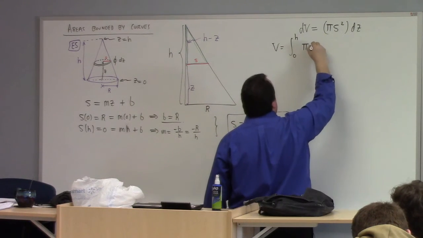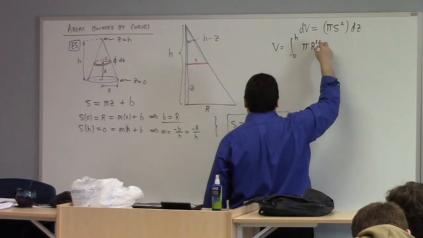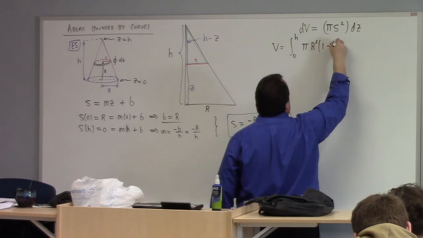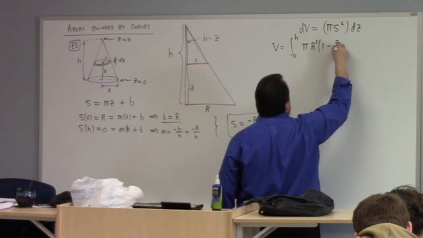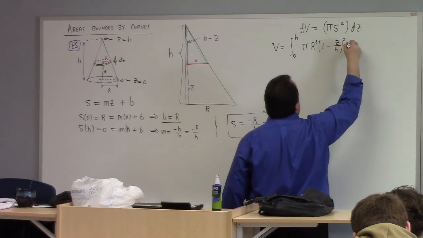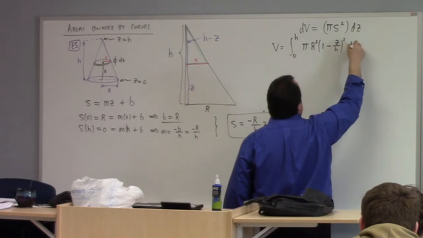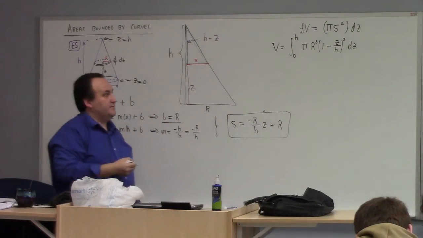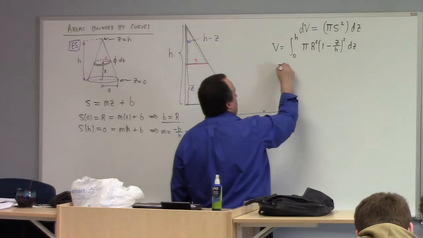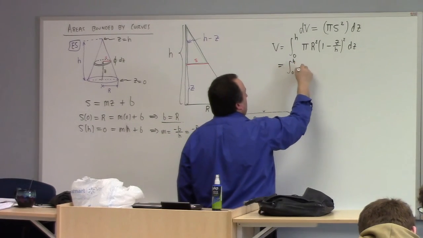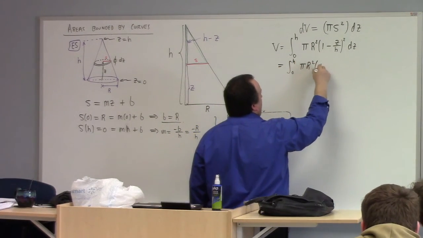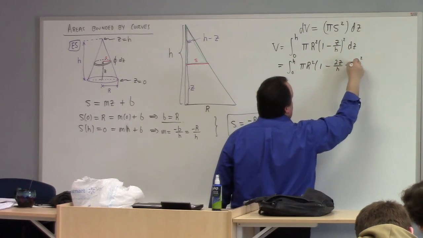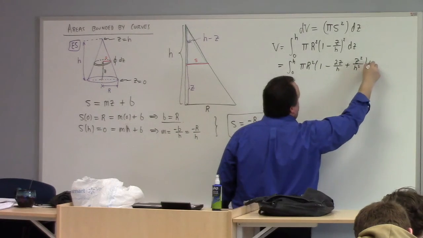So I got pi times r squared times 1 minus z over h quantity squared dz. Let's do the integral. Square that out, what you got? We've got 1 minus 2z over h plus z squared over h squared dz.